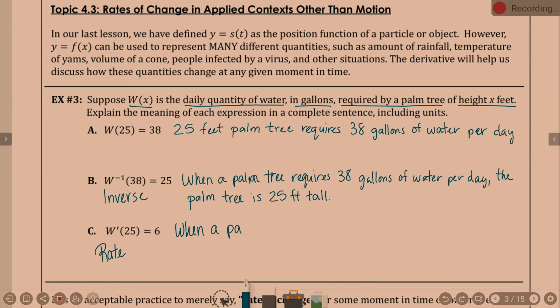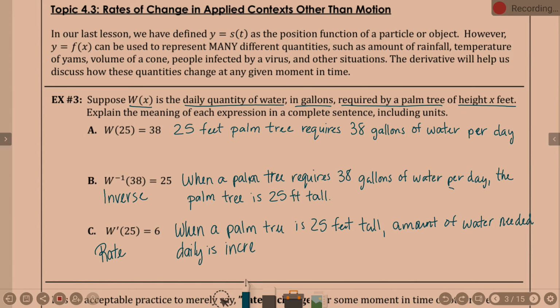When a palm tree is 25 feet tall, the amount of water needed daily is increasing, again, increasing because it's positive, at a rate of 6 gallons per foot.